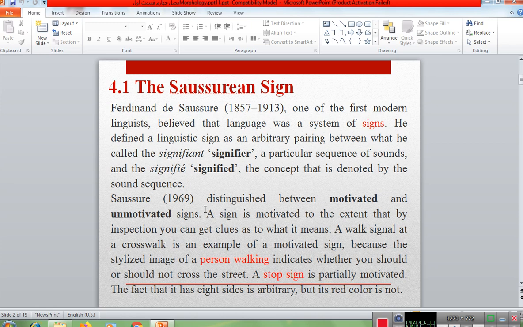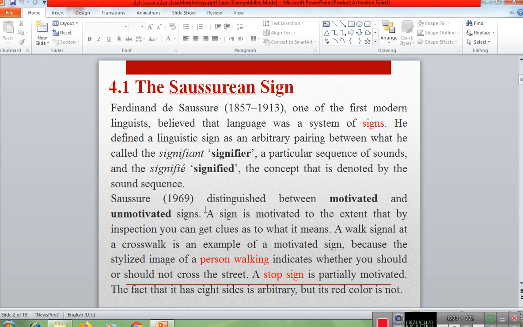The other example is a stop sign. The stop sign in the road is partially motivated. The walk signal, the previous example, is a motivated sign, because by looking at the picture of the person walking across the street, you can find the meaning of that sign.